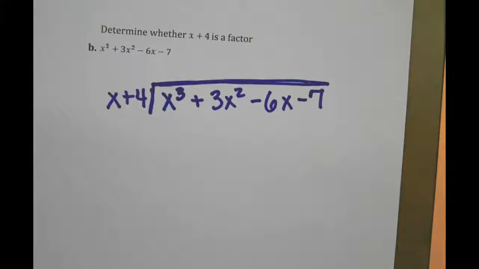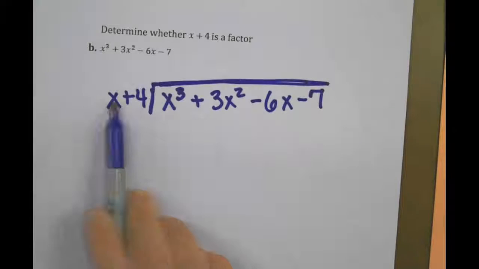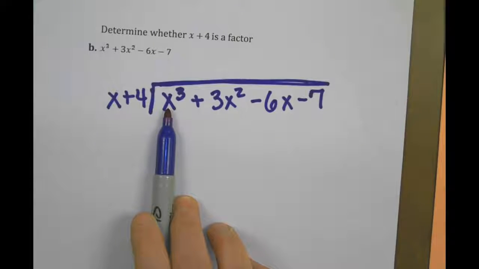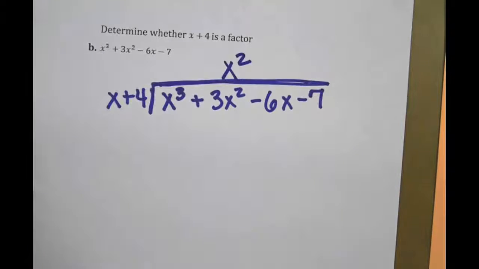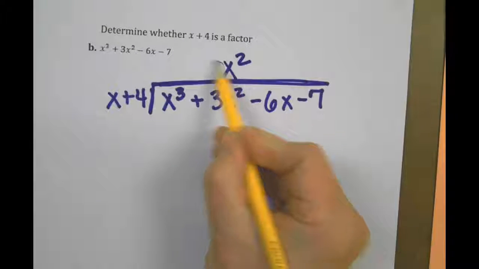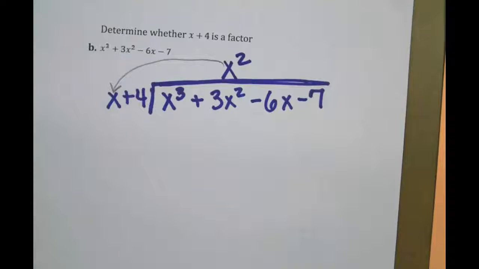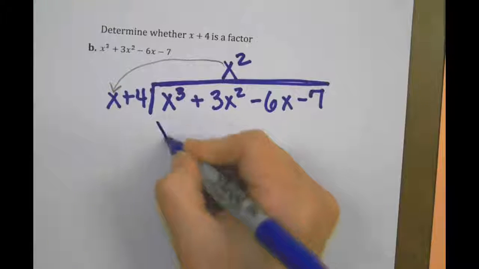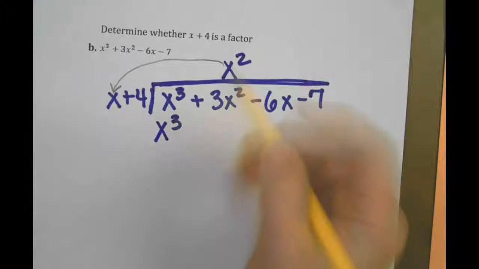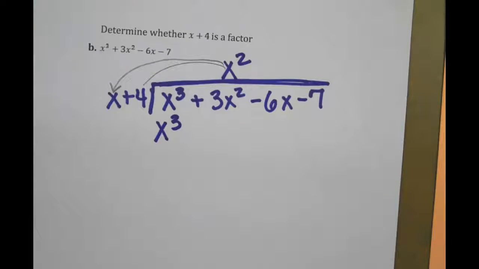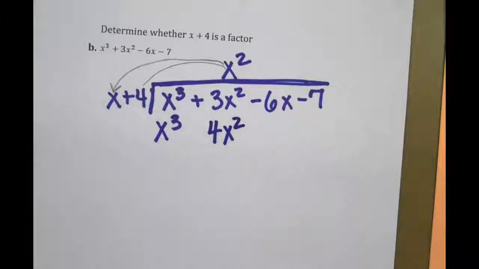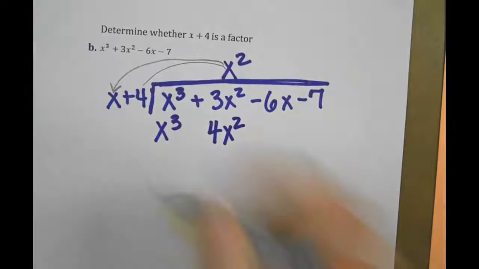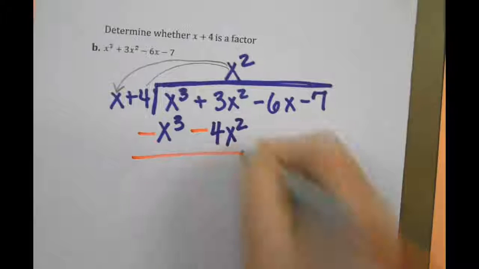What am I going to need to multiply x by so it will equal x to the third power? The x squared multiplies by the x, and that gives me x to the third power. The x squared multiplies by the 4, and that gives me 4x squared. And then I need to subtract.